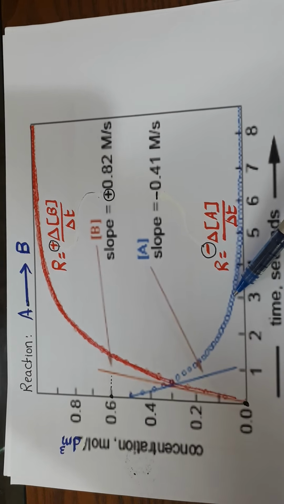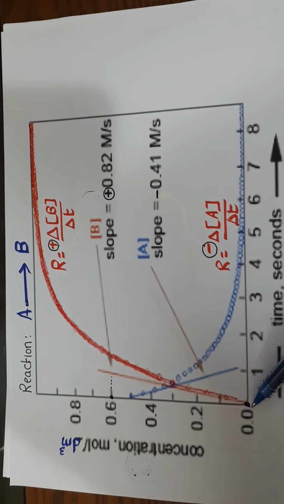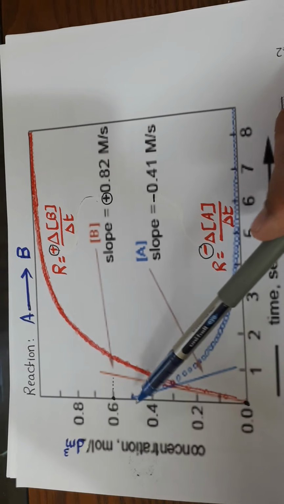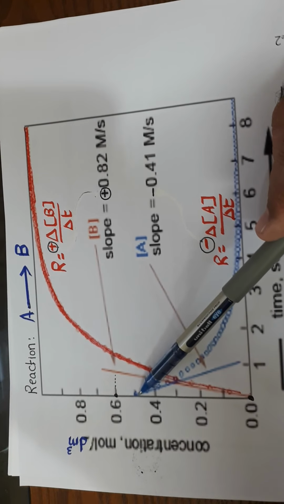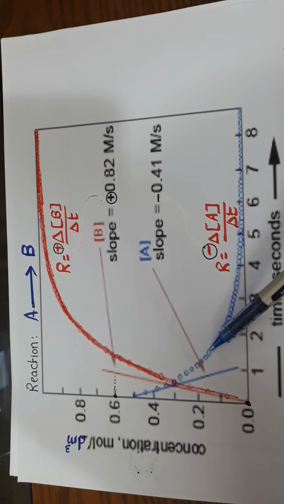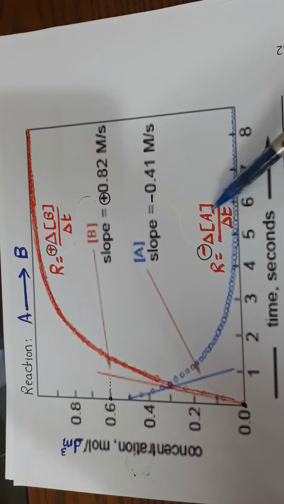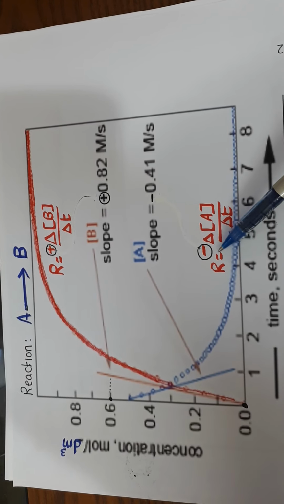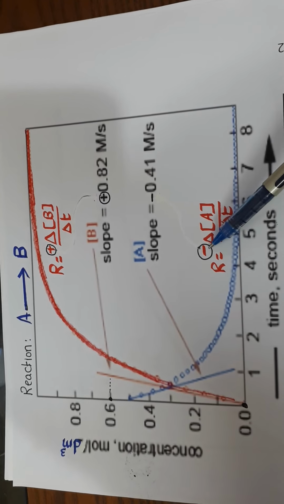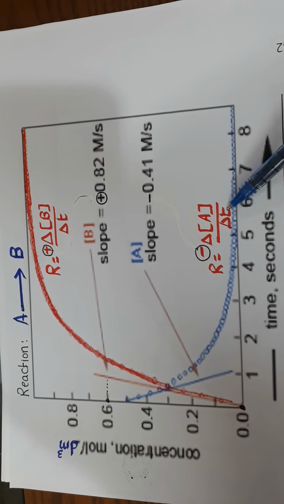The reactants. At the initial time, when time equals 0, the concentration of the reactants is at its maximum, and the reactants decrease during the time, and the rate of reaction expression for the reactant is negative change in the concentration of A during the time.